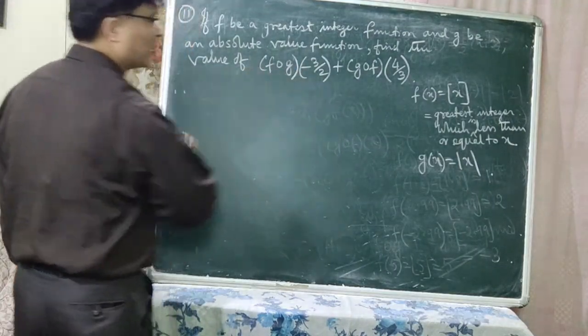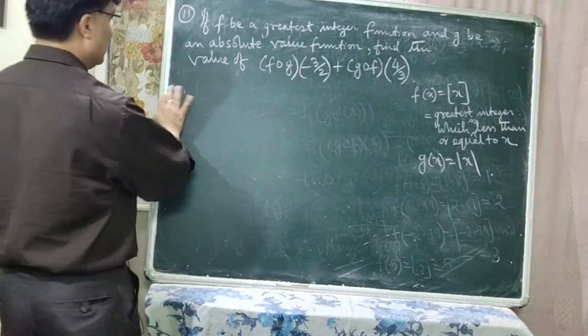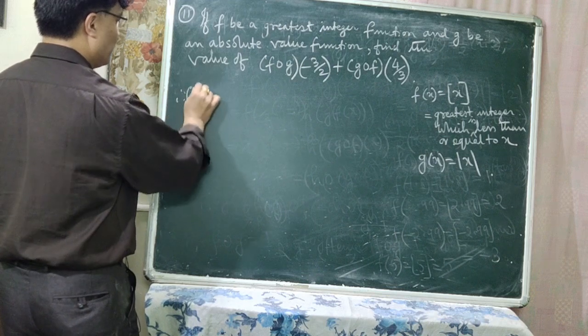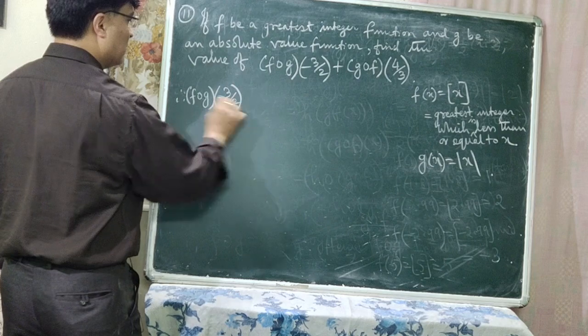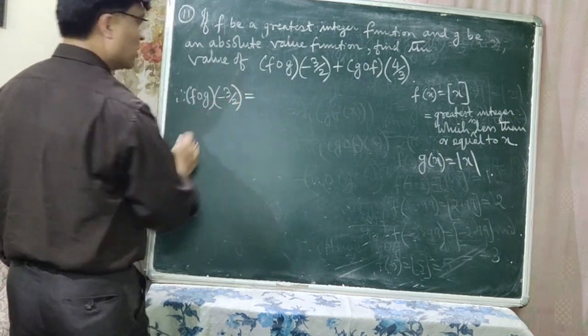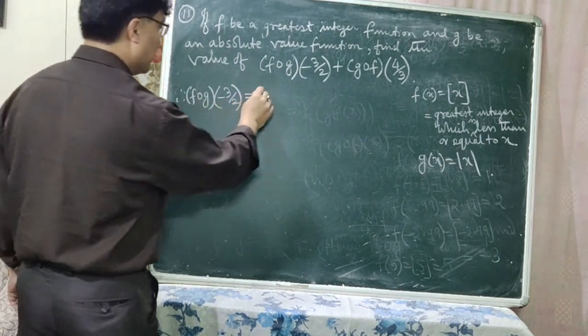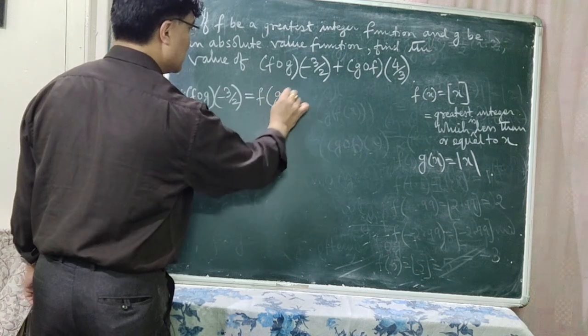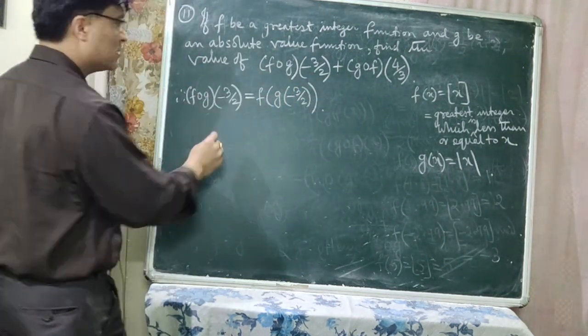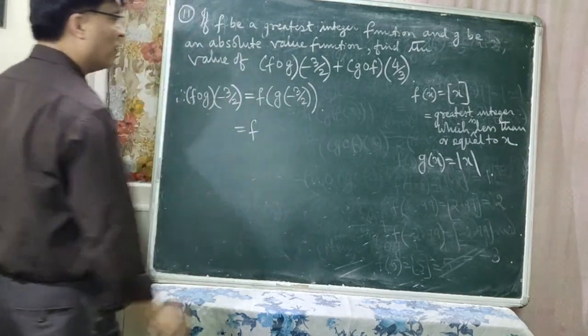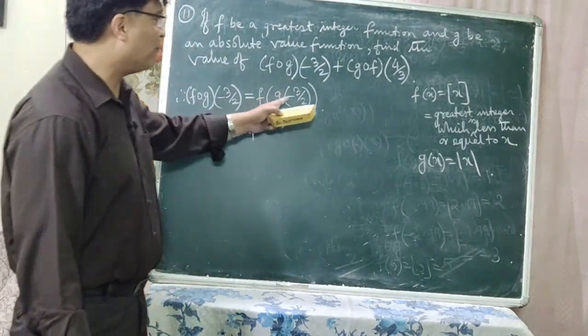f o g of minus 3 by 2. Okay, so f o g of minus 3 by 2 is defined as f of g of minus 3 by 2, right? So which is equal to f of, what is g of minus 3 by 2?